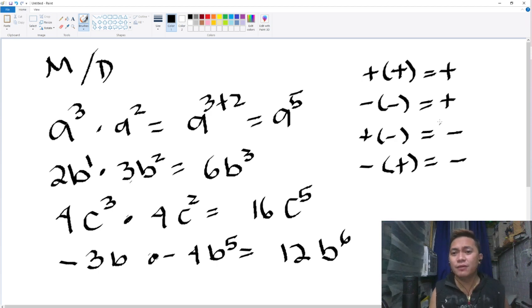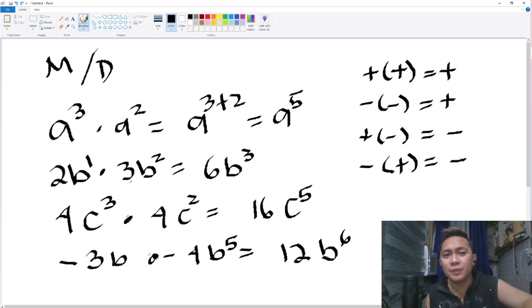And also sa division, when we divide positive divided by positive, it will become positive. Okay, and when we divide negative divided by negative, it will become positive. Okay, and positive negative or negative positive, kahit isa dyan may negative, the answer must be negative. Okay, so yun yung mga tatandaan nyo when you are multiplying or dividing the numbers or values na meron sa ating equation. Okay, so go back to our PowerPoint.